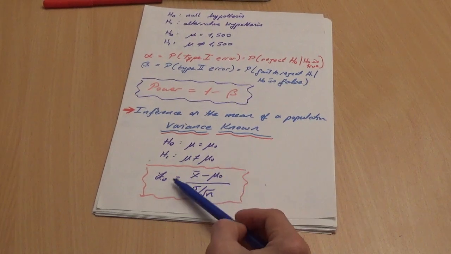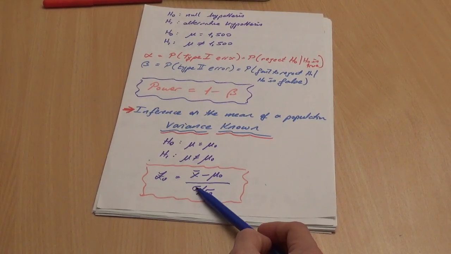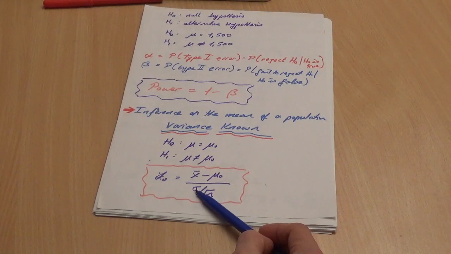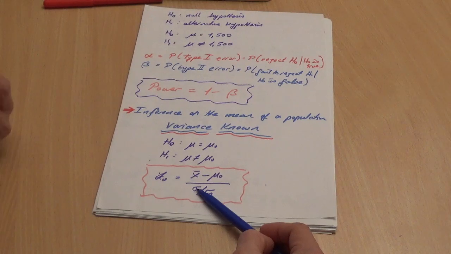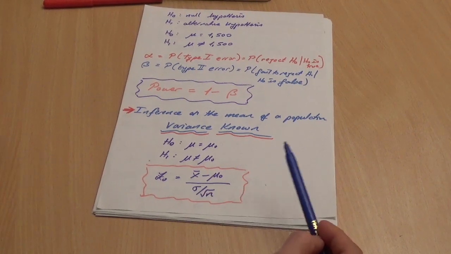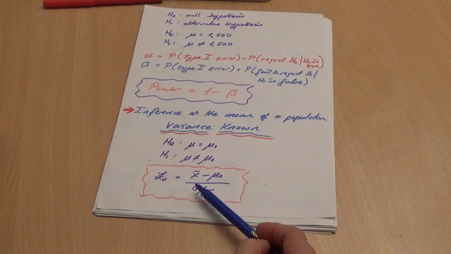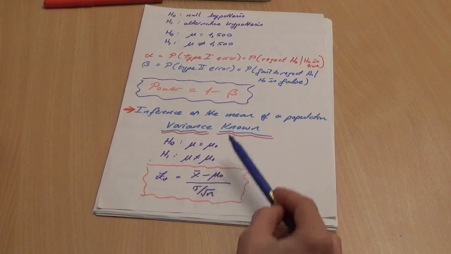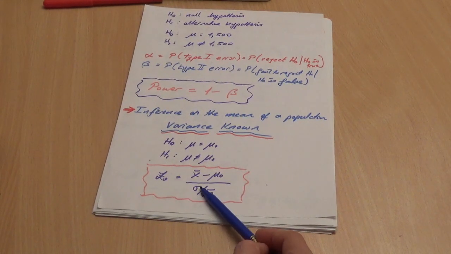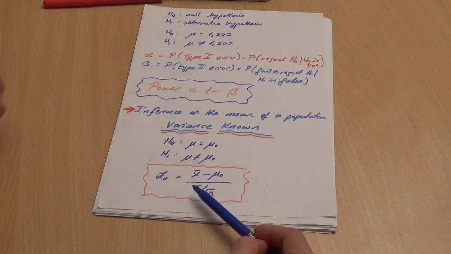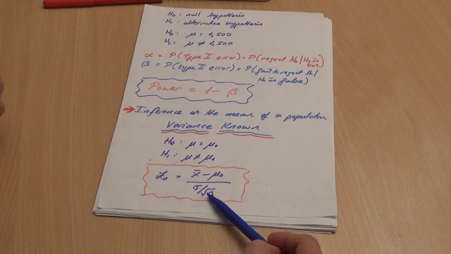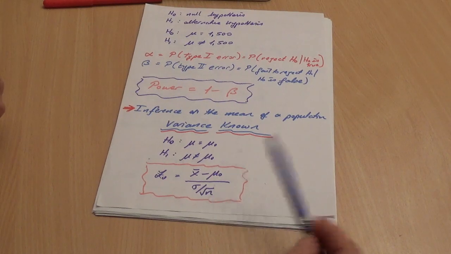But of course, companies would like to lower this variance because lowering the variance means you're improving your quality. So when sigma is known, it means that you are producing for a long time and it is almost standard for the production. And we divide sigma by the square root of how many numbers we take as a sample.